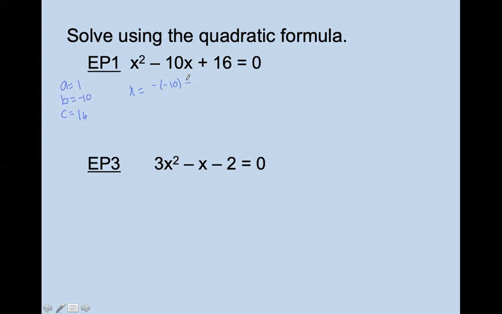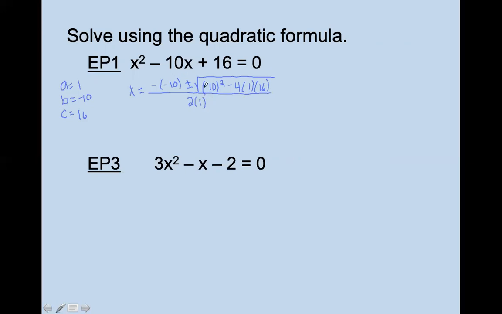Then we have plus or minus the square root of b squared, so negative 10 squared, minus 4 times a times c, all over, so I would draw a really long fraction bar, 2 times a.